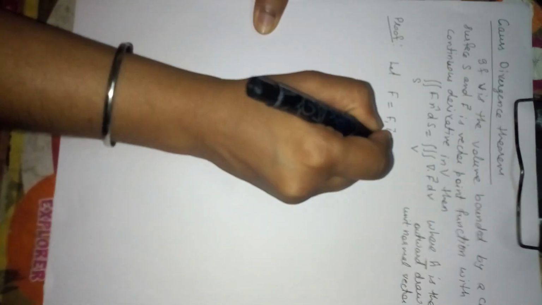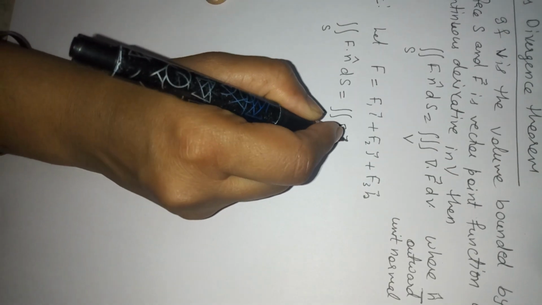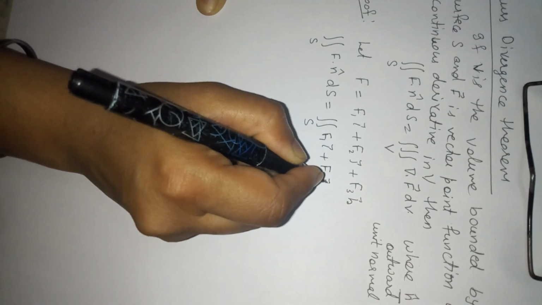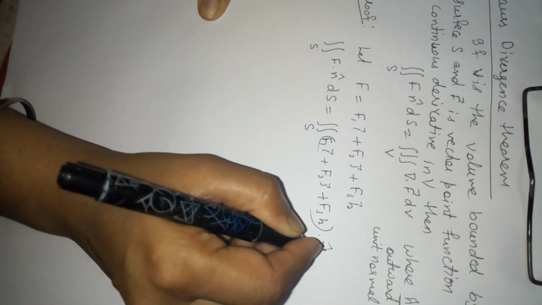Now let us suppose F is equal to F1 i plus F2 j plus F3 k be the vector. Then the left hand side, double integral over S of F dot n dS, is equal to the double integral over S of (F1 i plus F2 j plus F3 k) dot n dS.